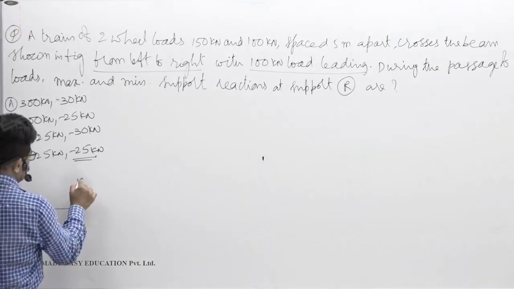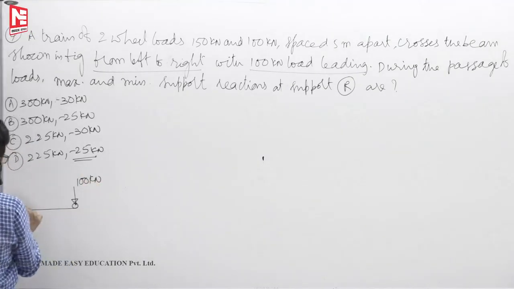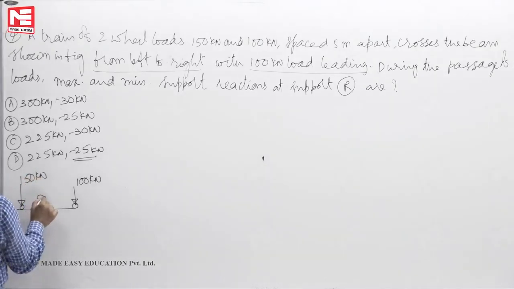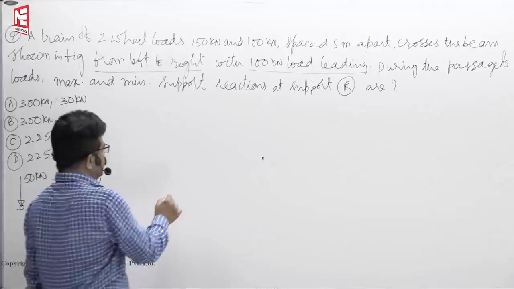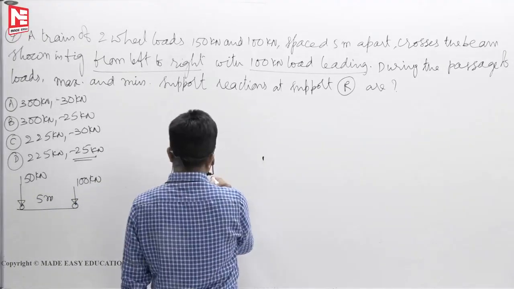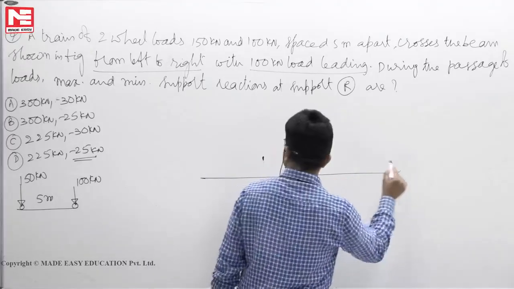This is say 100 kilonewton leading. This is say 150 kilonewton, spaced 5 meters apart. It is moving on a beam like this.